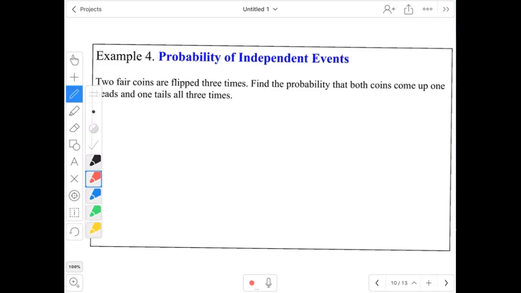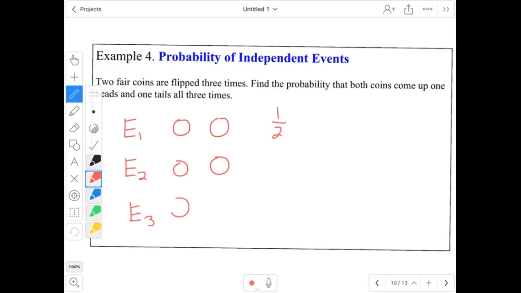So the probability, let's say this is our situation 1, or our first event. I'll call it event 1. Probability of getting 1 heads and 1 tails is going to be 1/2. Probability of that happening again, still have 1/2.